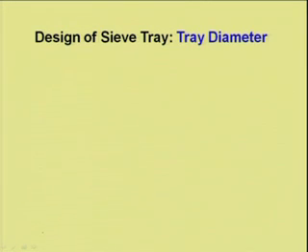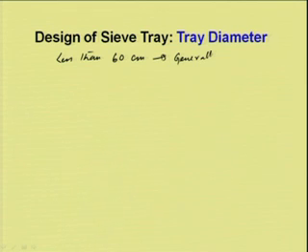If the diameter calculated from the given equations is less than 60 centimeter, then generally a packed column may be in use.